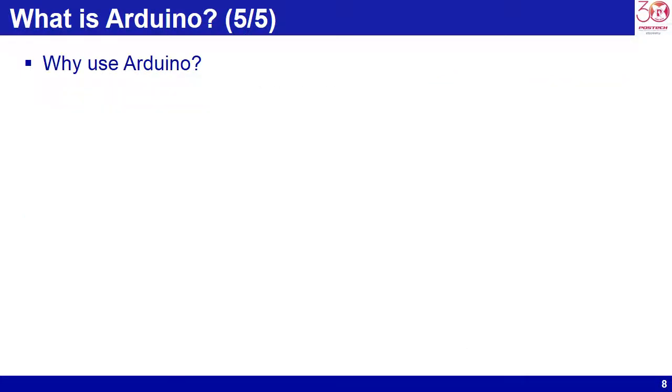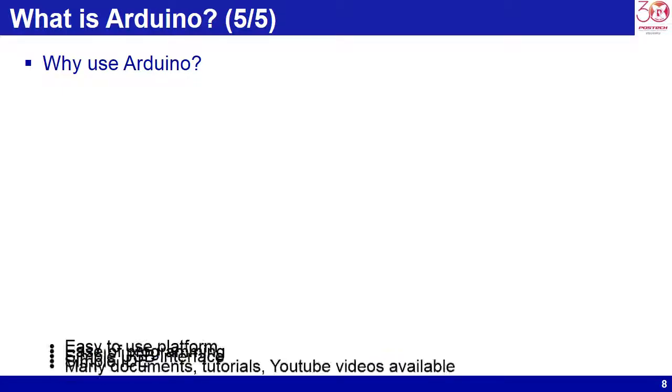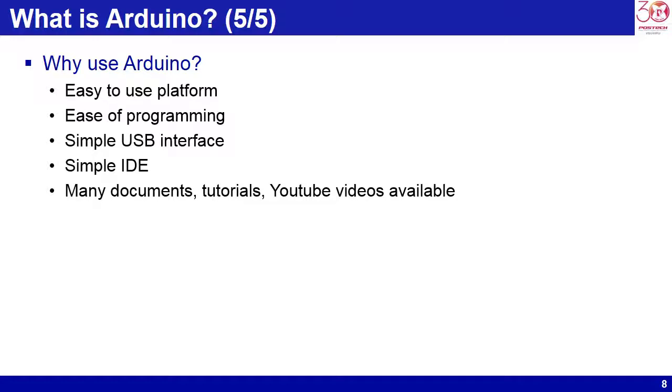So, why should we use Arduino? Well, the answer is very simple. It is because of ease of use. The platform is easy to use, and the programming language that Arduino uses is very easy. It provides a simple structure and interface so that even beginners can learn quickly.